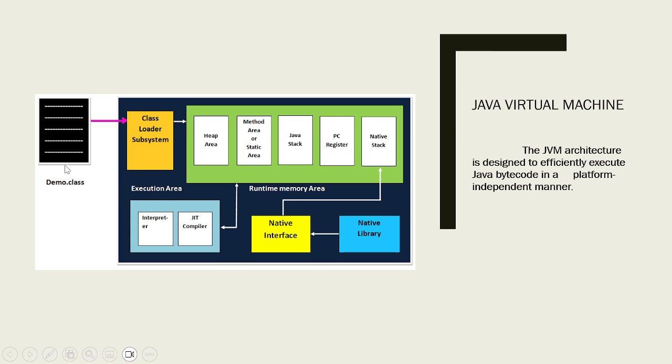If a class file is generated, it is loaded by the class loader, and after that the heap, stack, PC register, native stack, interpreter, JIT compiler, everything takes place inside the JVM architecture.